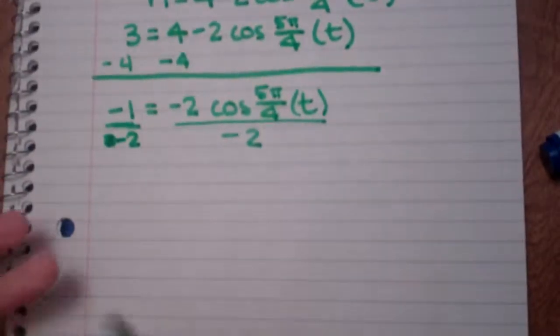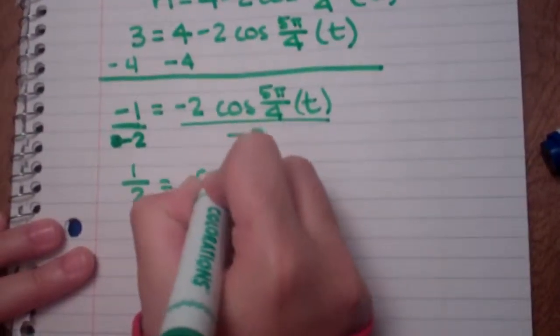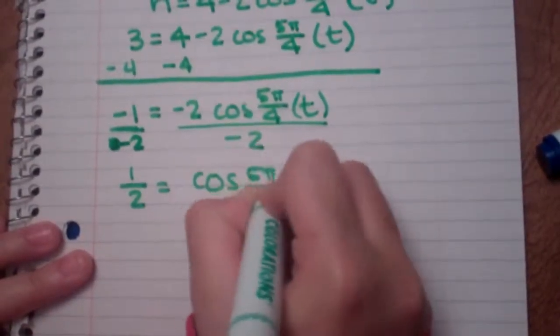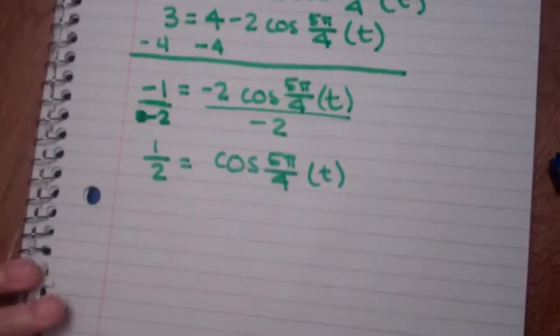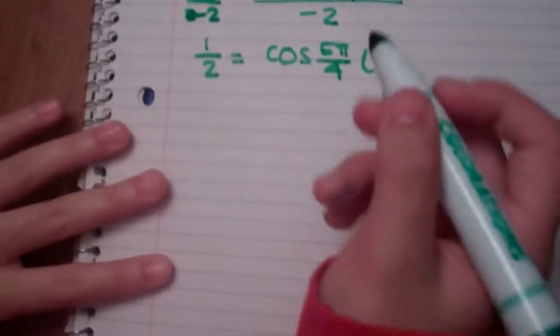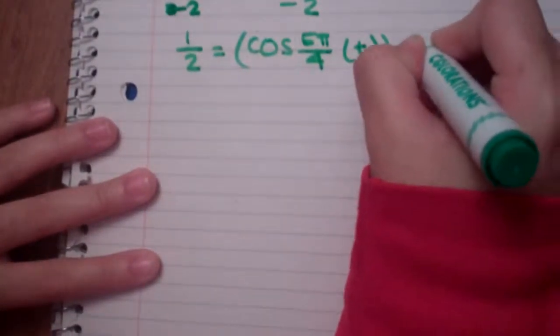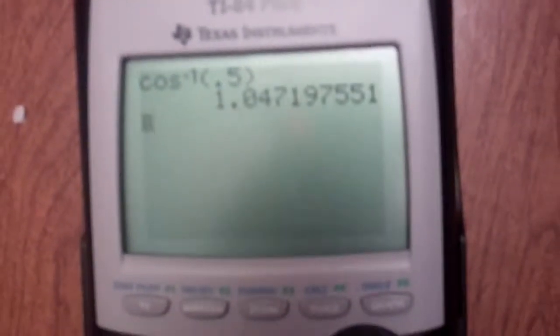So we get 1/2 equals cosine 5 pi over 4t. Now we're going to take the inverse cosine of both sides. Calculator. 1.04.